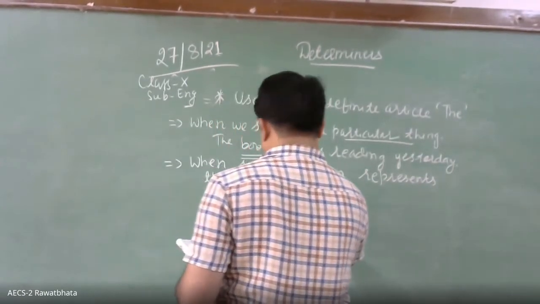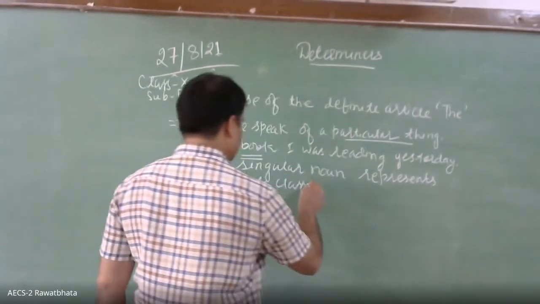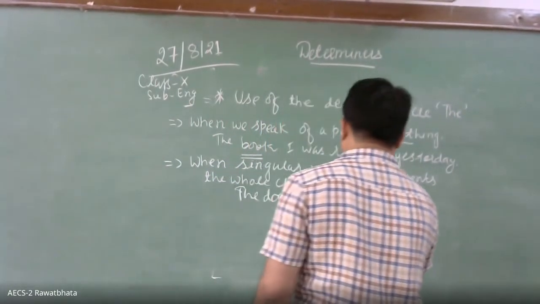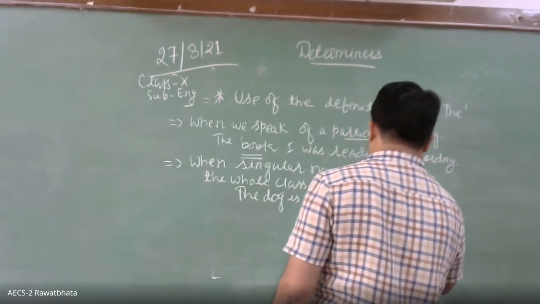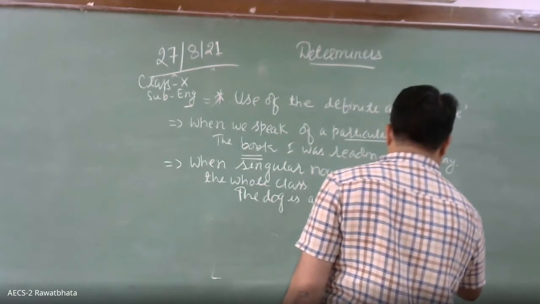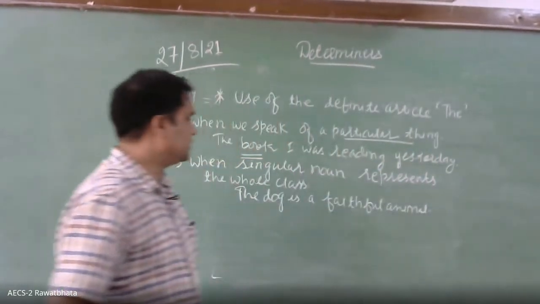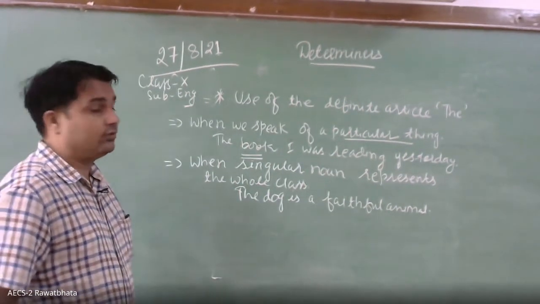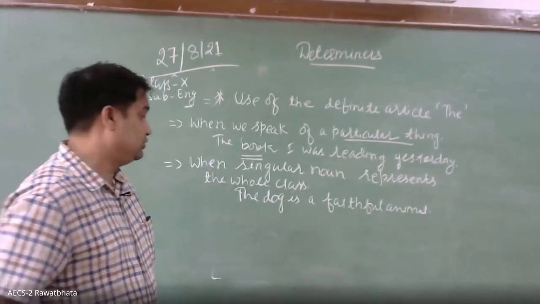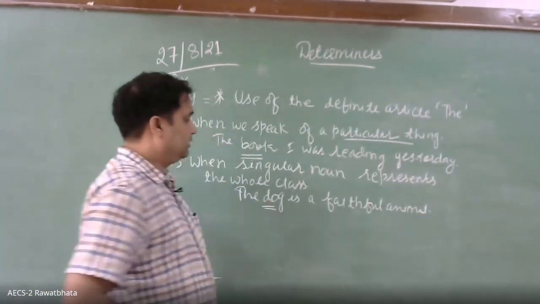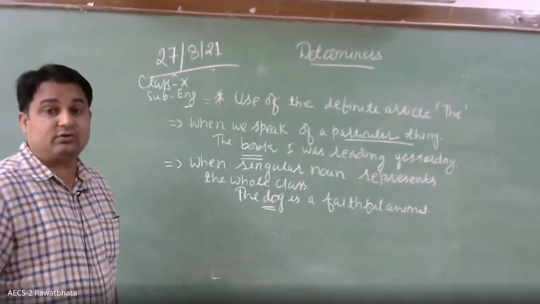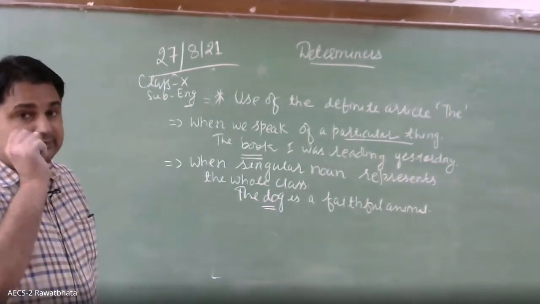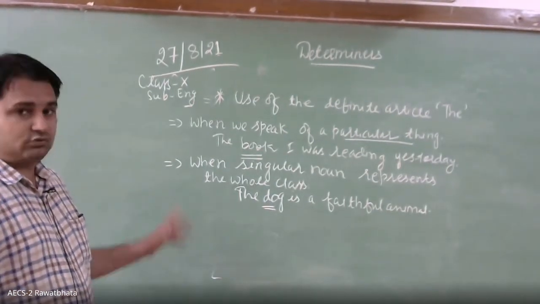The dog is a faithful animal. When a singular noun is representing the whole class, then the is used. The dog is a faithful animal. So the dog is representing the entire class. So here what is used? The.